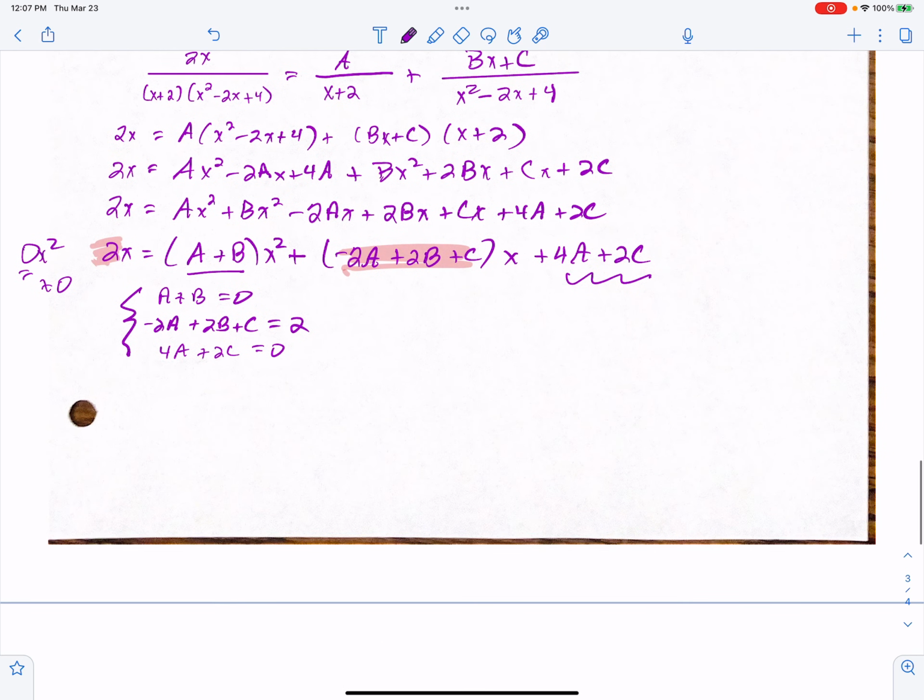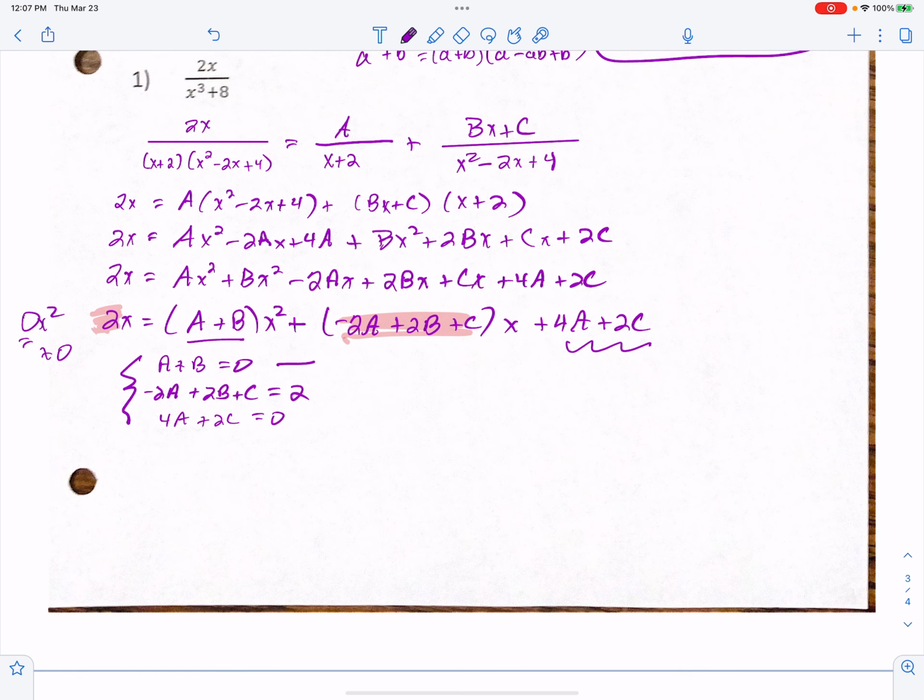So now there's some choices in terms of how you want to solve this. This first one, since a plus b is 0, that means a is equal to a negative b. And then I'm going to substitute that both into equation 2 and equation 3, if this is equation 1, 2, 3. And so in for a, I'm putting a negative b, so I get a minus 2 times a negative b, because a is a negative b, plus 2b plus c equals 2.